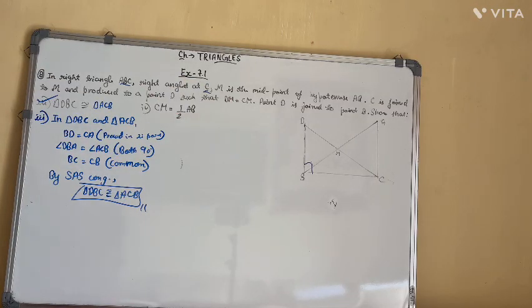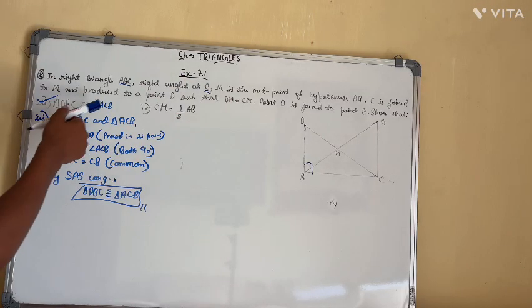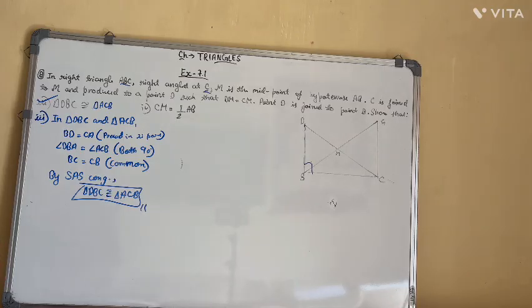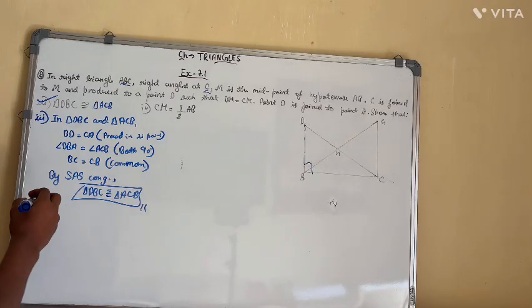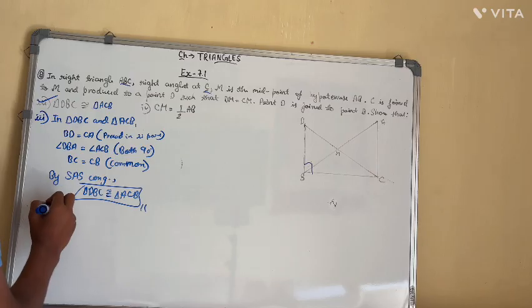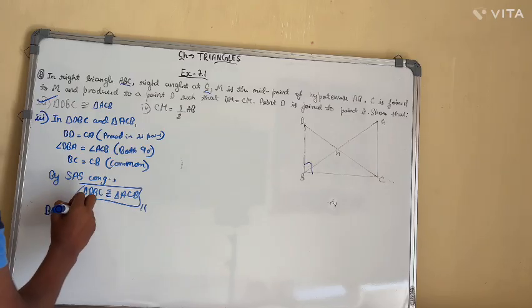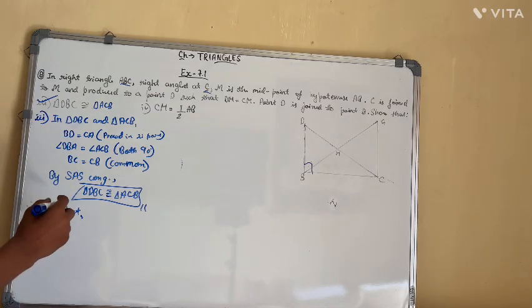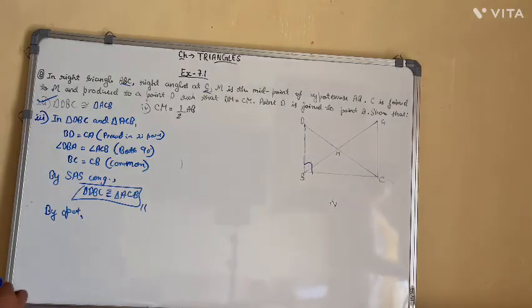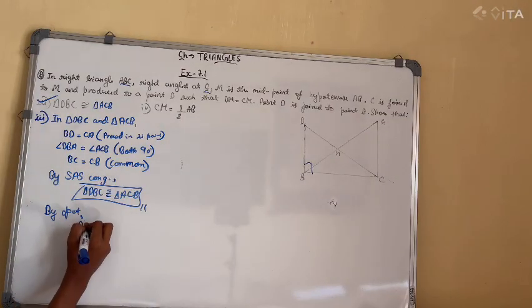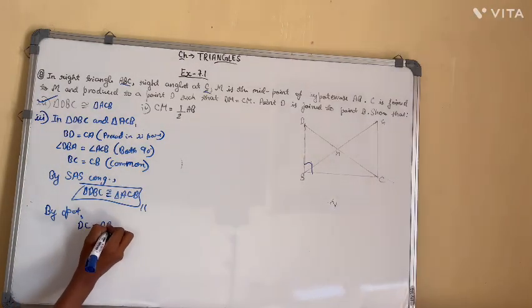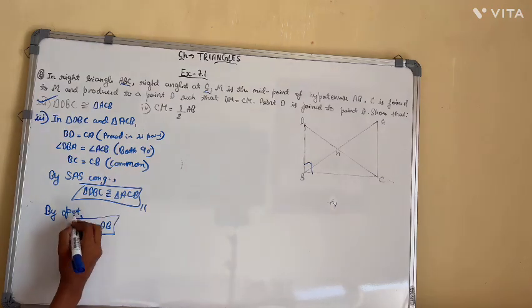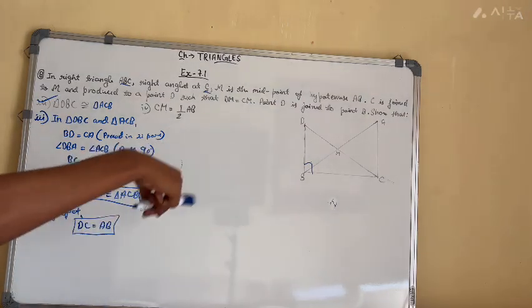AB is equal to CD. So by CPCT we can say DC is equal to AB.